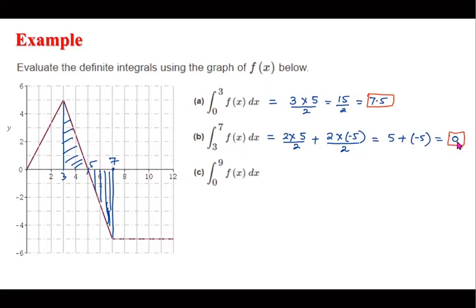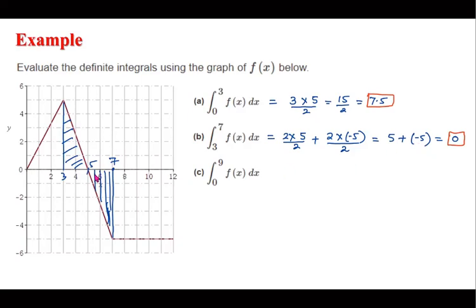This integral is equal to 0, and we used the area of triangle formula. Remember, probably you have noticed that if we are evaluating the integral above the x-axis, the value of the integral is positive. If you are doing it below the x-axis, it will be negative.